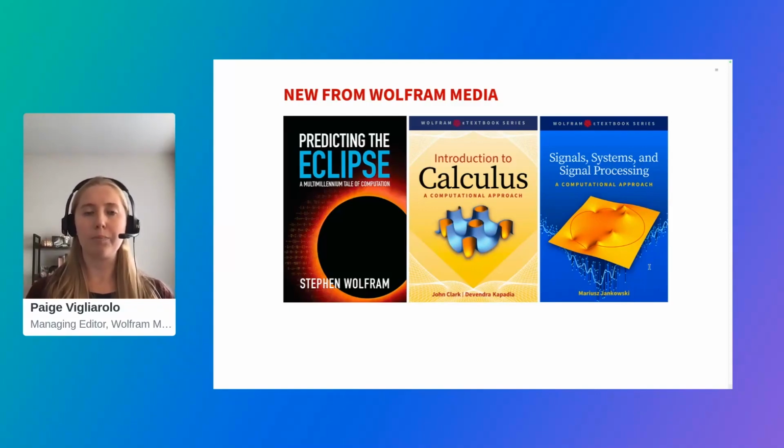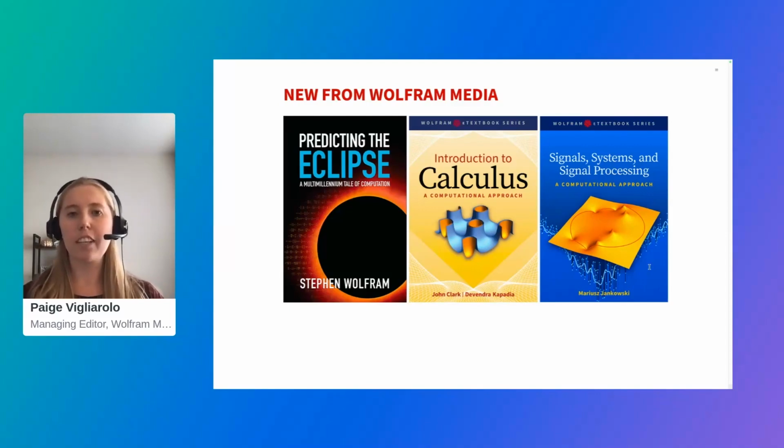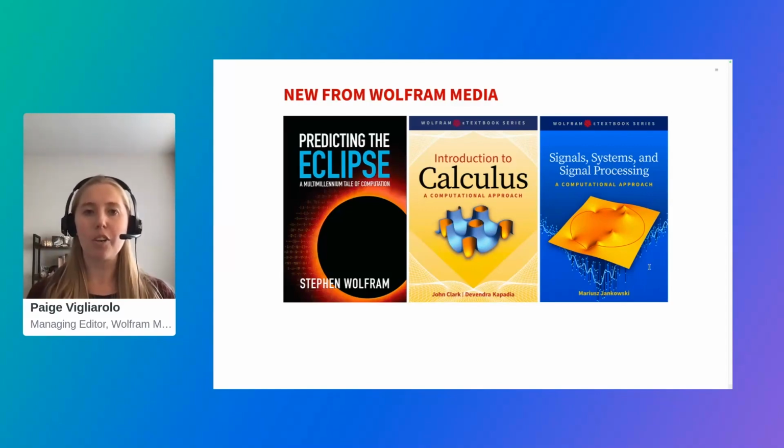The next 2 books on the screen, we're really excited this year we got to launch our Wolfram textbook series. It's something we've been building up to for a while now. The idea of the series is that our own internal R&D experts are writing books that take fields that are already out there, already established. You can see calculus here on the screen, for example, and gives the computational approach, and specifically the Wolfram language approach. So that's going to be the unifying factor for that series.